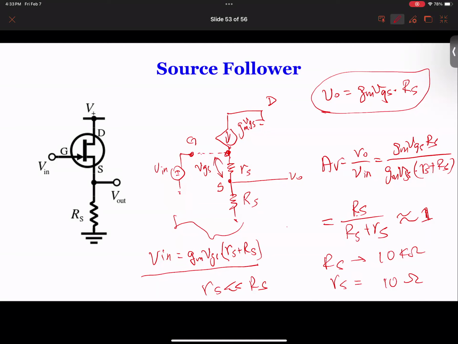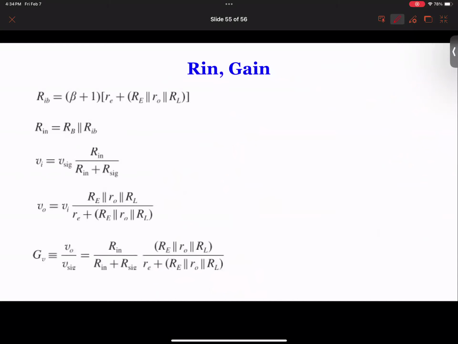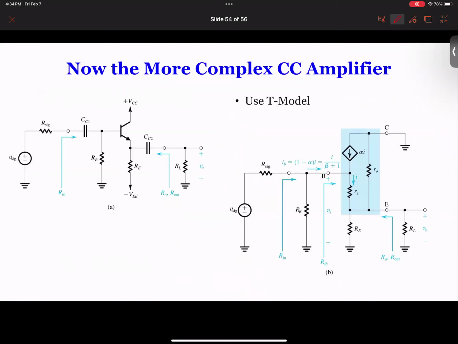And the output resistance is very small. I'm not sure if we have enough time to cover this. Let me do this. I'll probably use one of the T models, like for the BJT, to find out the input and output resistance.